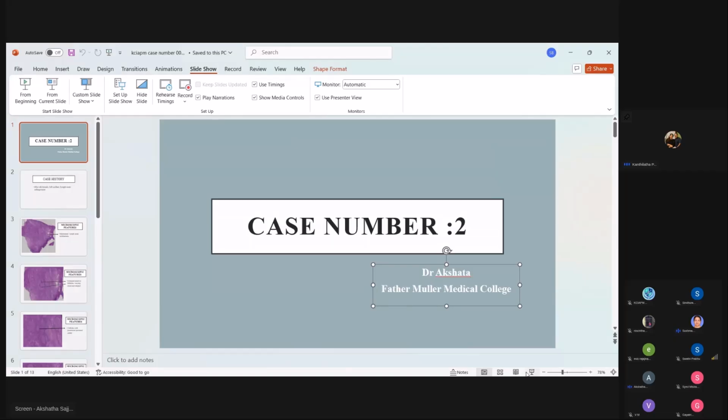I have clicked on the slideshow, but it is still in the same mode. Dr. Swati, is it visible in the slideshow mode?